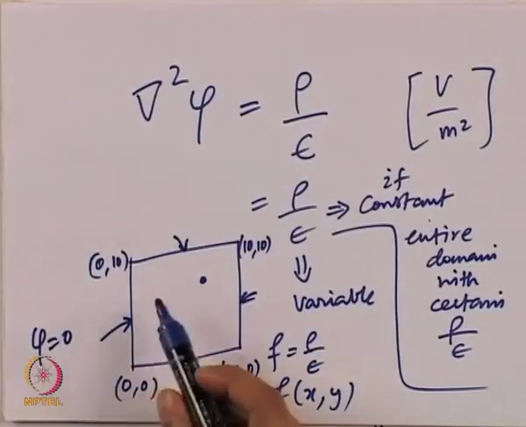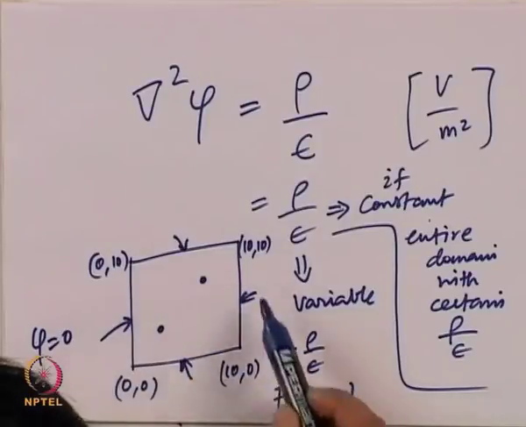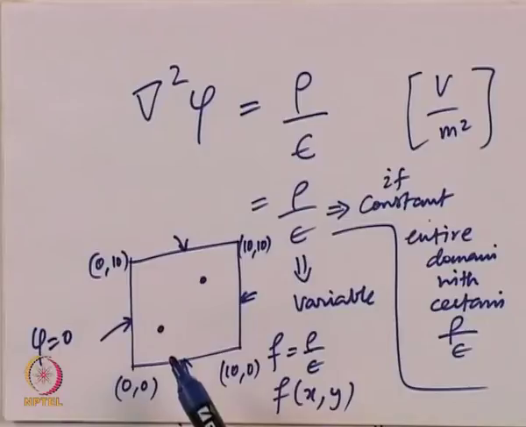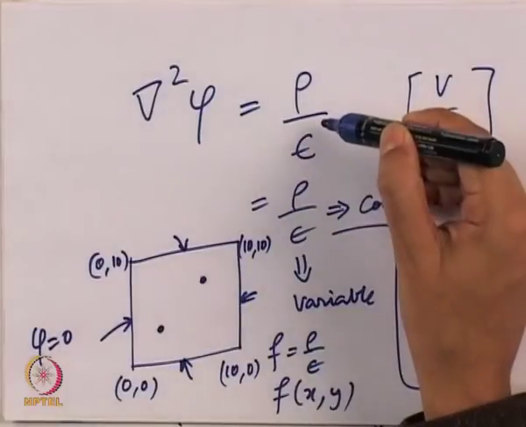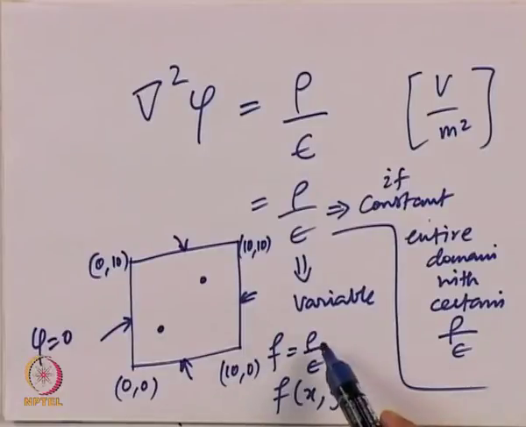Of course we can set certain other boundary conditions as well. For this particular problem all the boundary conditions are equal to 0, and the right hand side term is a variable, which we assign certain functional values depending on the x and y coordinates.